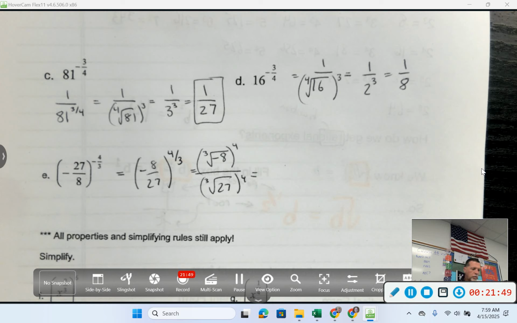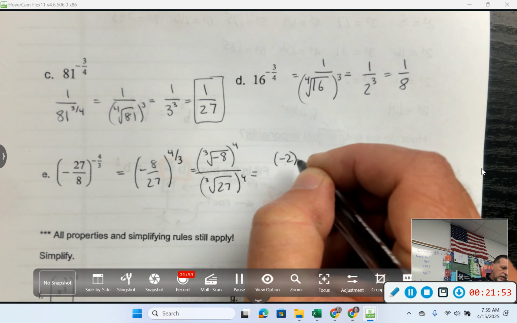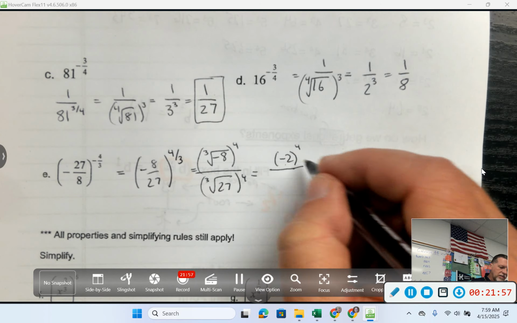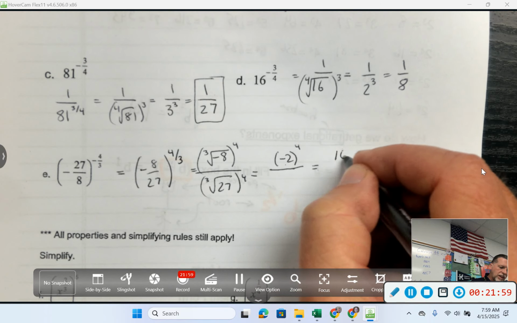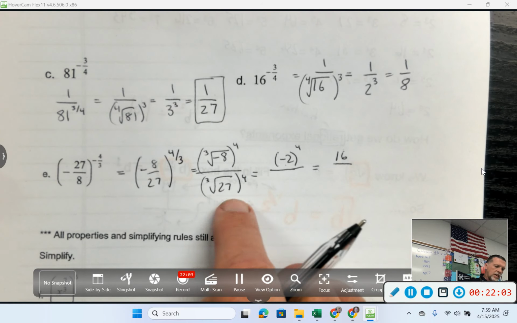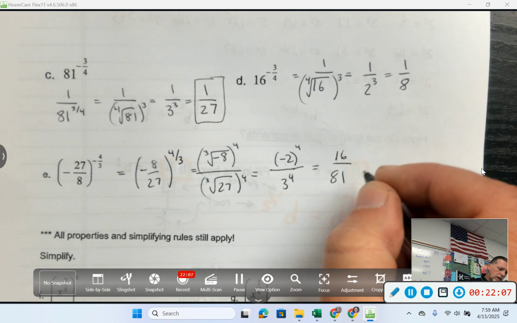I do know what the cube root of 8 is. Oh, be careful with the negatives. But when I 4th it, it's going to become positive, so that would be 16 in the top. And then the cube root of 27 is 3, and 3 to the 4th is 81.